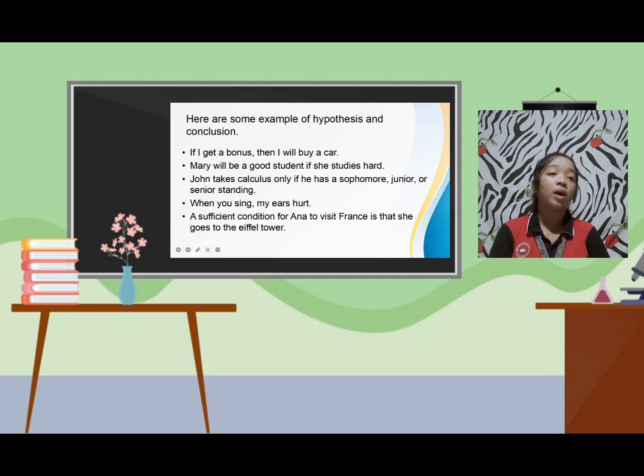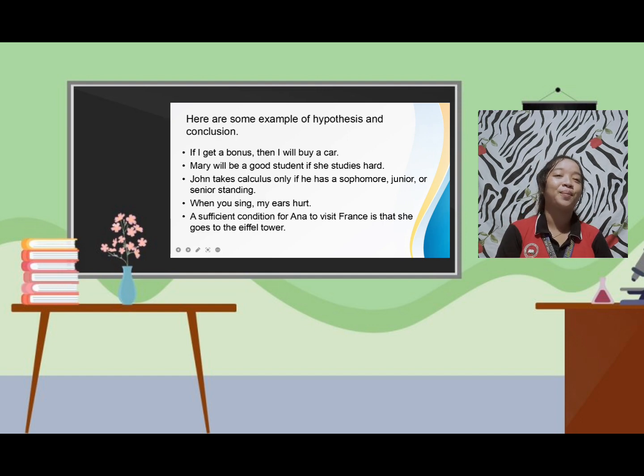So what would be our hypothesis? Our hypothesis would be Mary studies hard, and our conclusion will be Mary will be a good student.